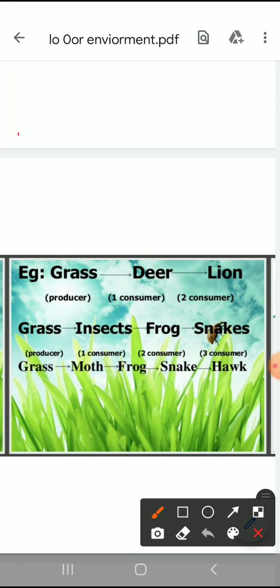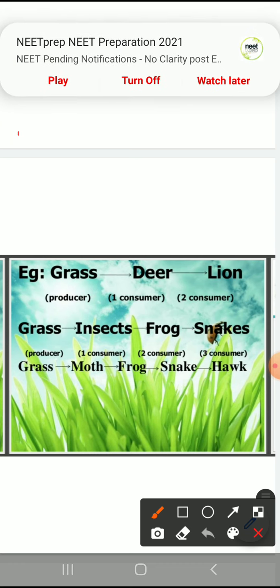Plants can be eaten by a rat, which in turn can be eaten by a cat, and finally the cat can be eaten by a dog. So we find that there is a sequence or order in which one organism eats another organism to fill its belly.